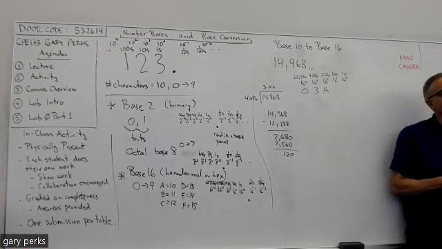See, 5 16s would give us 80. So it's more than 5. Now, how many 16s? It's not 10. 160 is more than 120. Let's see, what's 6 times 16? 6 times 16 is 96.